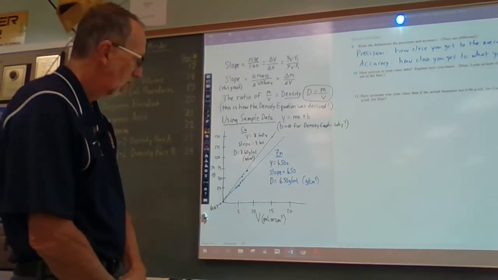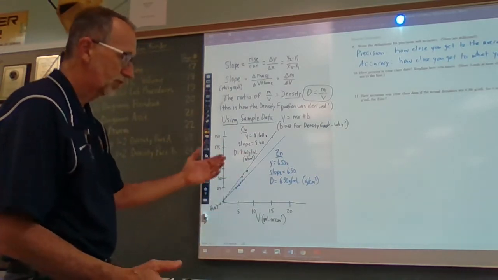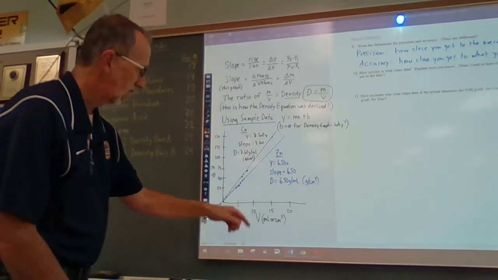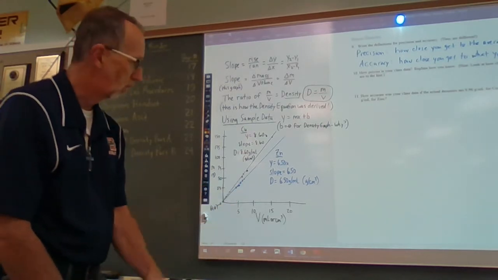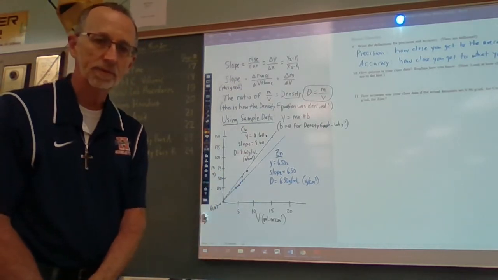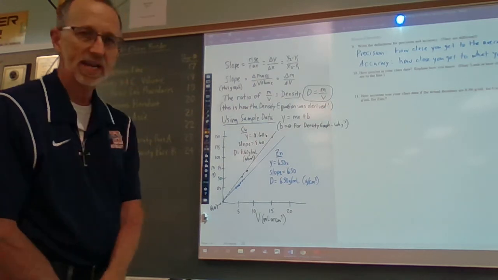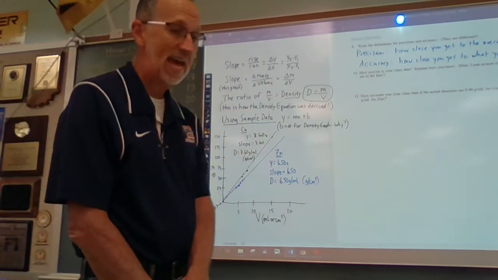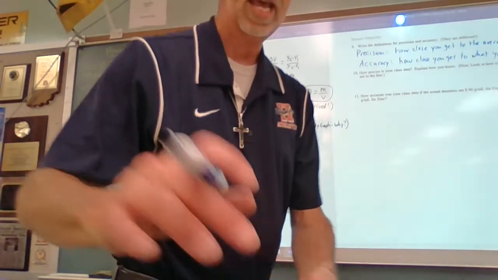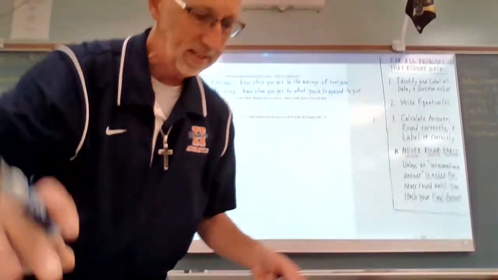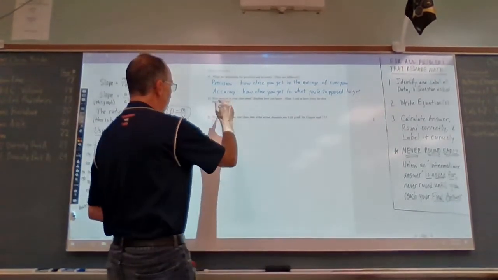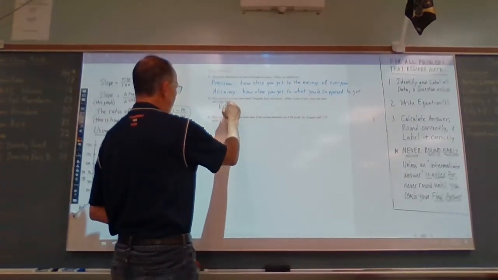And just by happenstance, the same is pretty much true for the zinc data, I'm sorry. So based on that, I would say that they're reasonably precise, if not really precise.